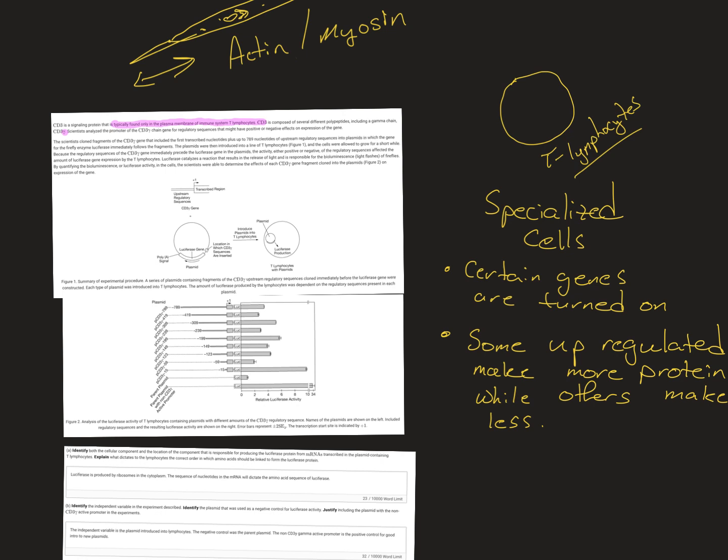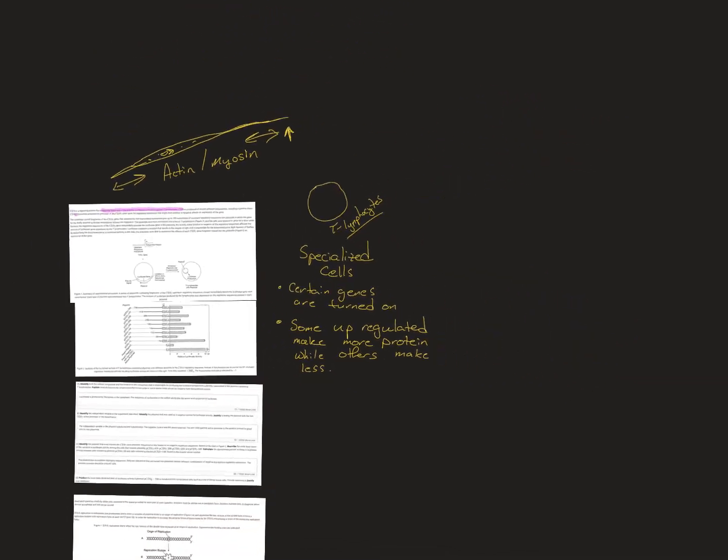So CD3 gamma is a protein. Scientists analyzed the promoter of the CD3 gamma gene for regulatory sequences that might have positive or negative effects on expression. So they looked at a gene.